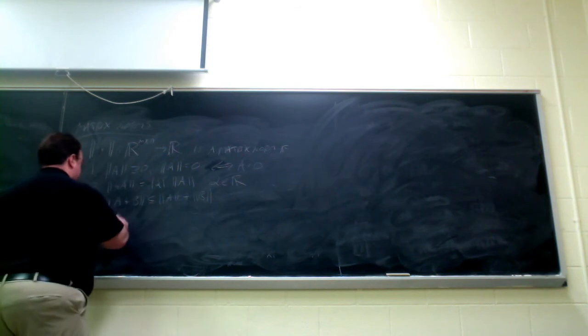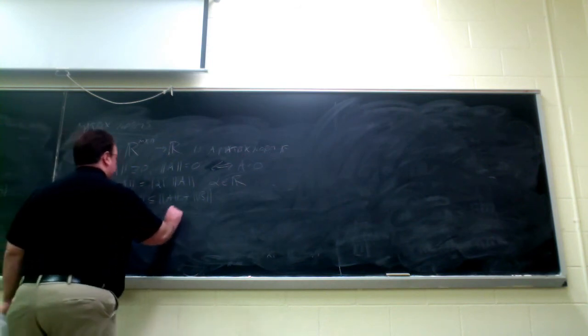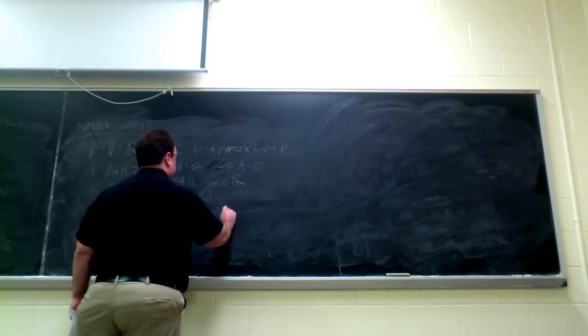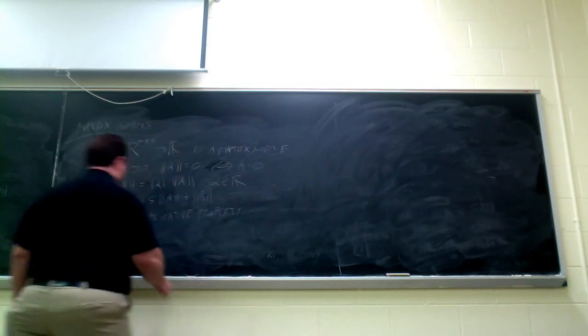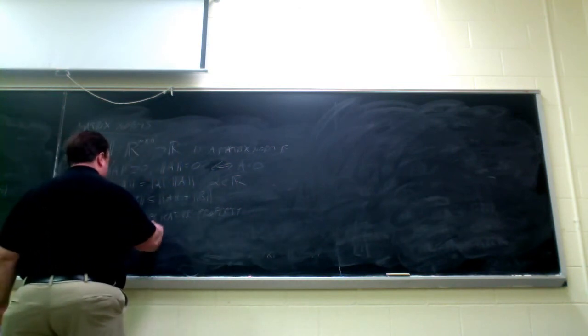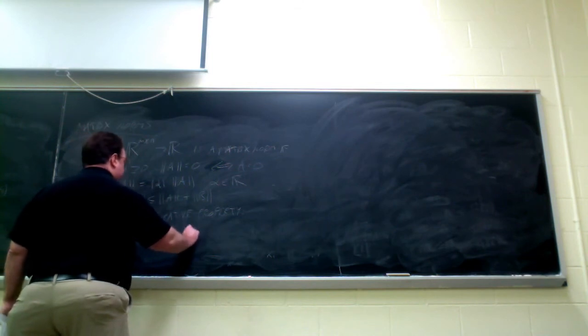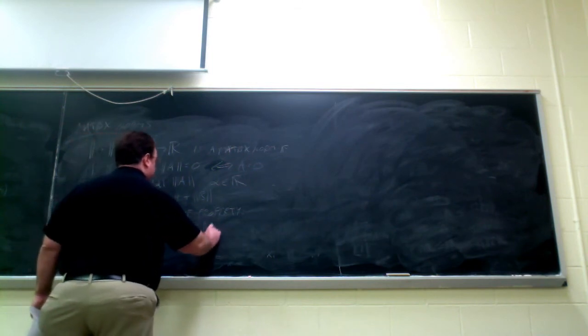This is called the sub-multiplicative property, and it turns out to be a very important one. That says that the norm of a product of matrices is less than or equal to the product of the norms.